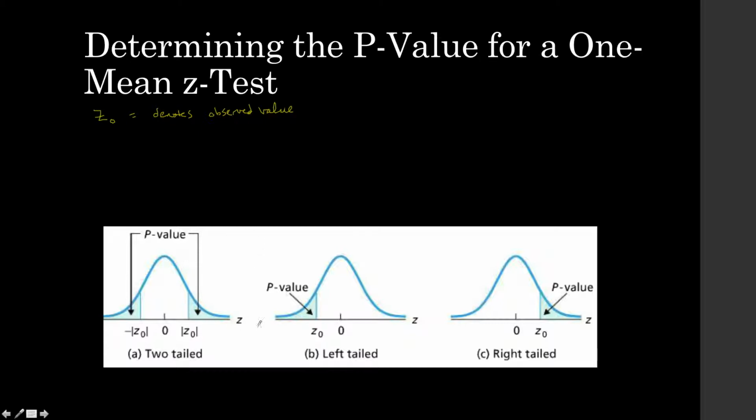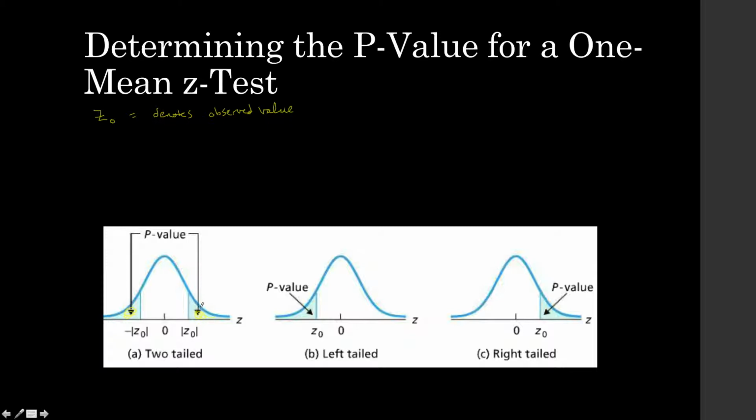Now, if it's a two-tailed test, we get this by taking the absolute value, or the magnitude, of these areas. Now, the probability here and the probability here together give you your p-value.